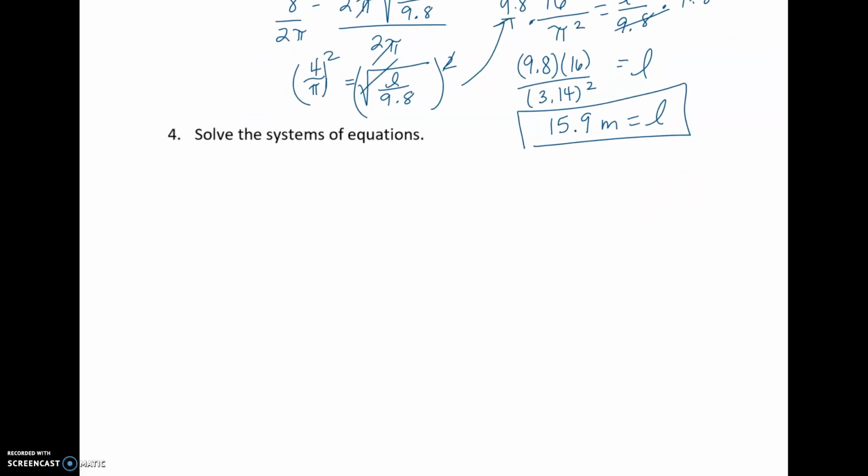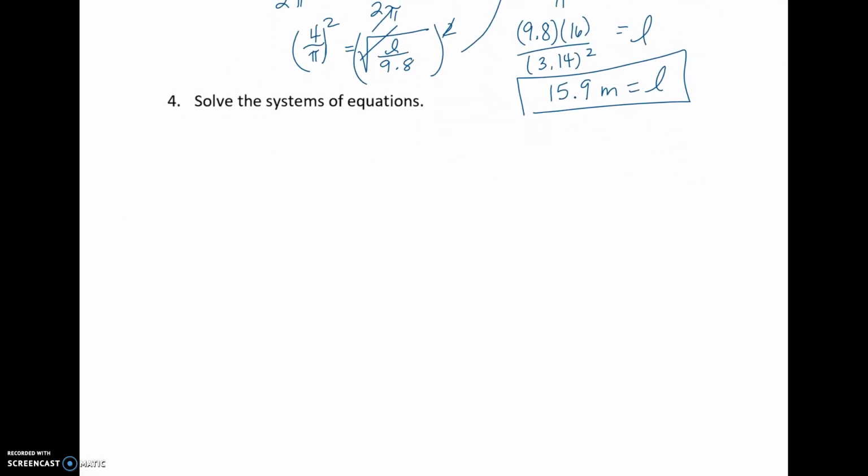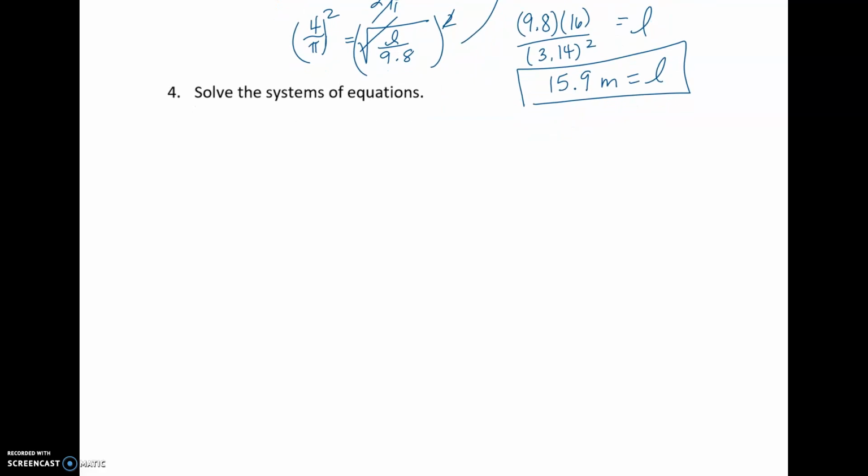Oh, here's our last type. We're going to solve the system of equations. Okay, so we have 3 times the square root of a plus 5 times the square root of b equals 31. And 5 times the square root of a minus 5 times the square root of b equals 15.